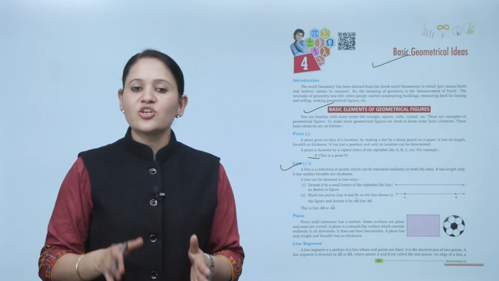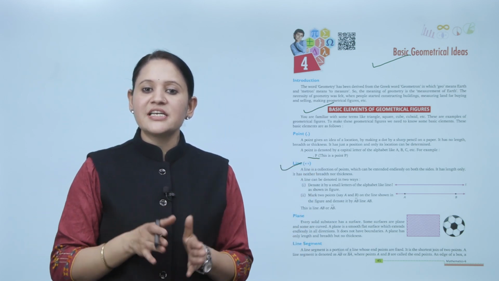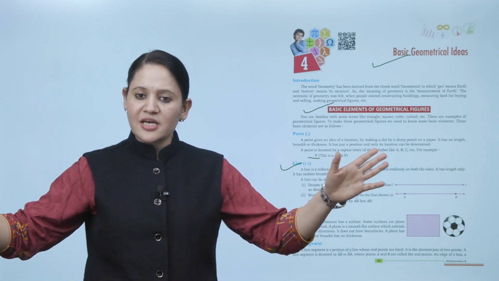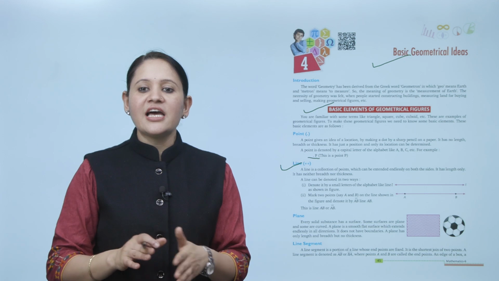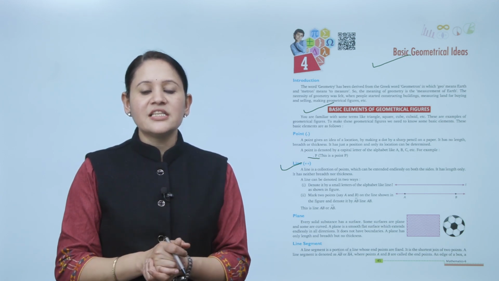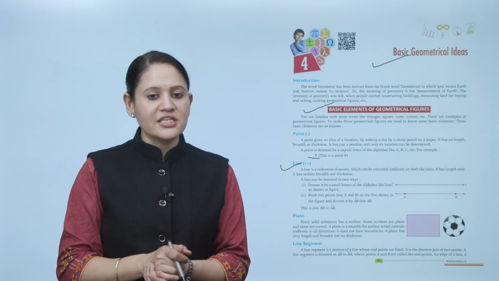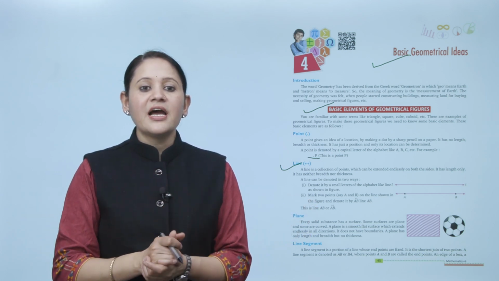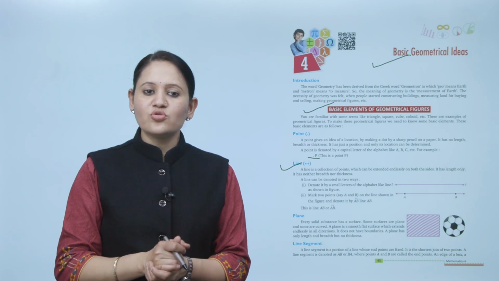A line is a collection of points which can be extended endlessly in both directions. Means दोनों डायरेक्शन में आप उसको कितना भी एक्सटेंड कर सकते हो. It has length only. It has neither breadth nor thickness. ना उसमें breadth होती है ना thickness होती है. It has only length. A line can be denoted in two ways.